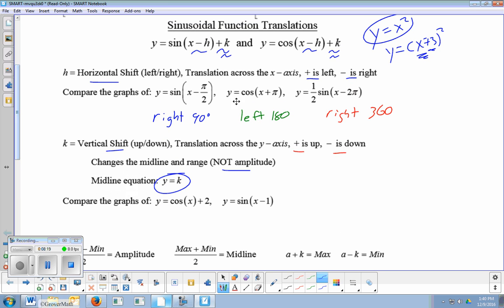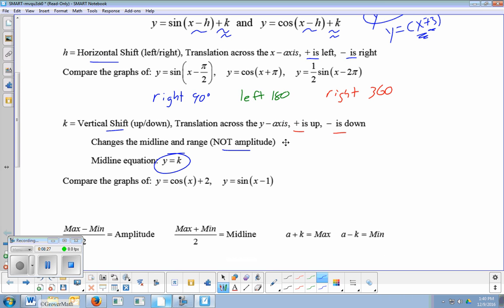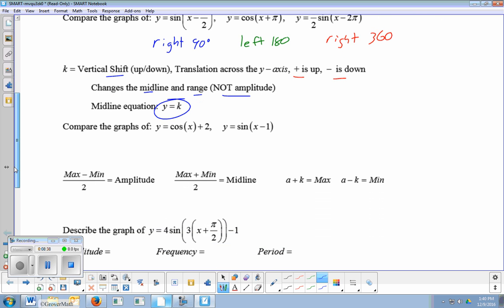So, remember inside the parentheses is side to side, plus left, minus right, and it's going to go in angle increments. And then outside the parentheses is up and down, plus up, minus down, but the amplitude doesn't change. It does change the midline, it does change the range, it changes the max, it changes the mins, but that's really all that it's going to change.